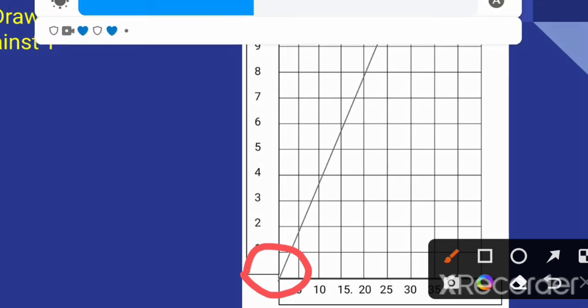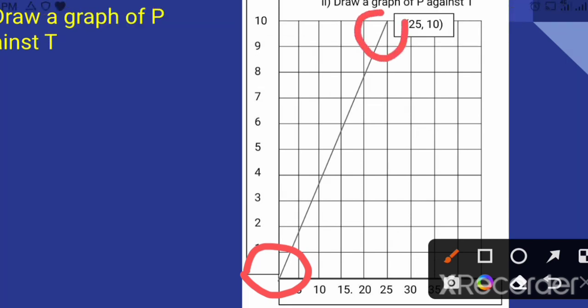They are cutting here. So we drew a line starting from the origin to the point where both values cut each other. So this is our graph and the answer of this fourth part of this question.